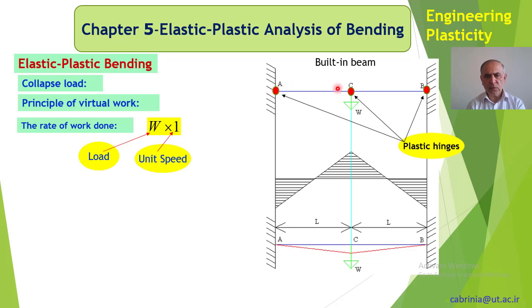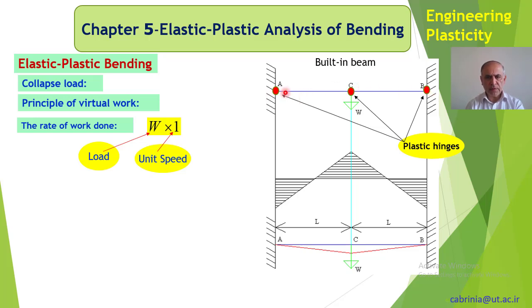So we can assume that these 3 points become completely plastic, and when they do, we call them plastic hinges. A hinge is something that a door or a member revolves around.